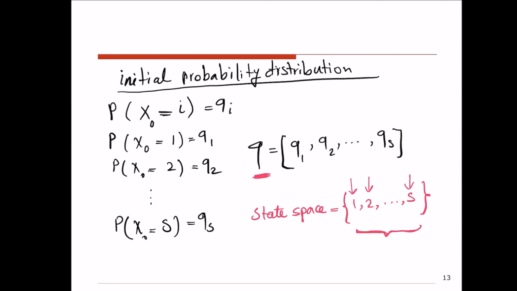That shows where we can potentially be at the very start when we want to analyze the stochastic system. Sometimes for some systems, we know exactly where we are at the very start. If we know that, that's perfect. Then the probability of that specific state would be 1, and the rest of the states will get a probability of 0, meaning we know exactly which state we are at.